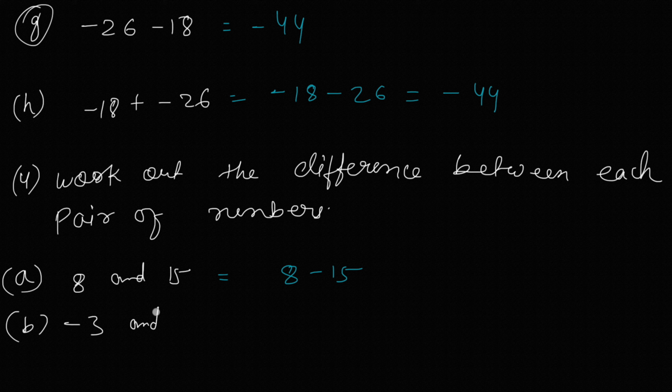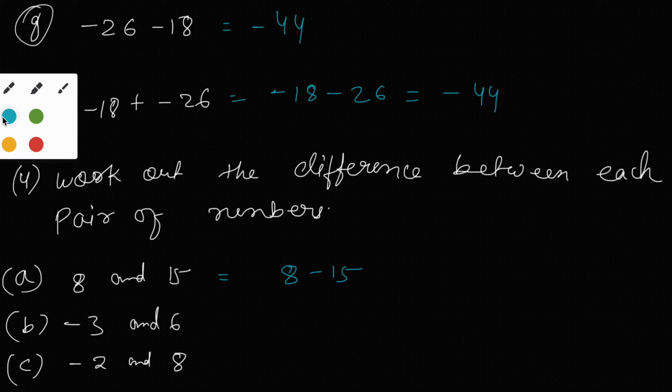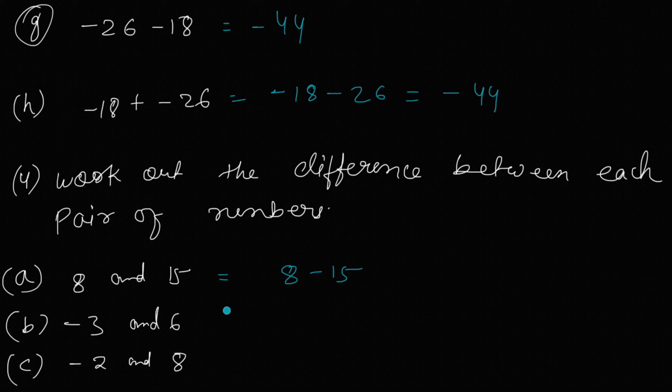Question number B is minus 3 and 6. Question number C is minus 2 and 8. So minus 3 minus 6, minus 2 minus 8. Nothing is written here, it means it's a positive number.